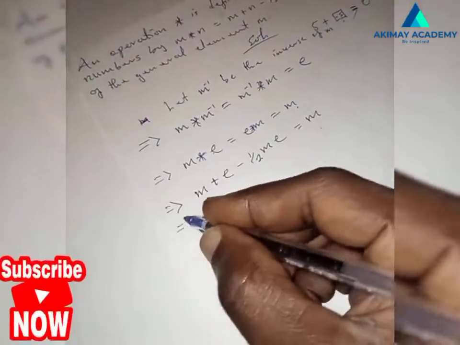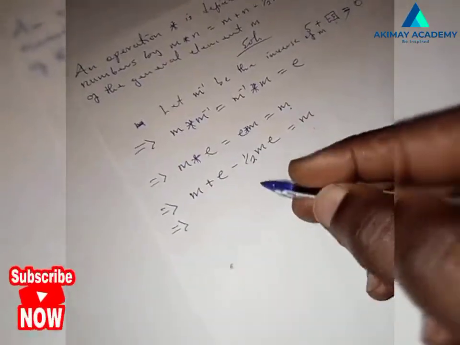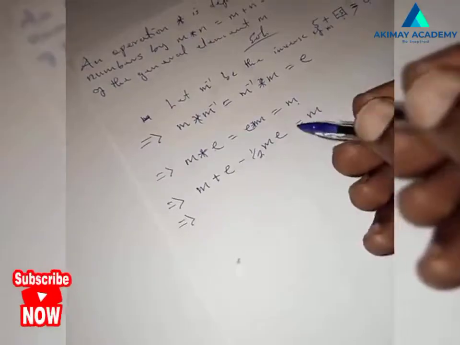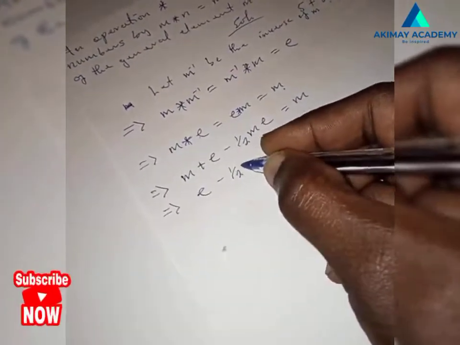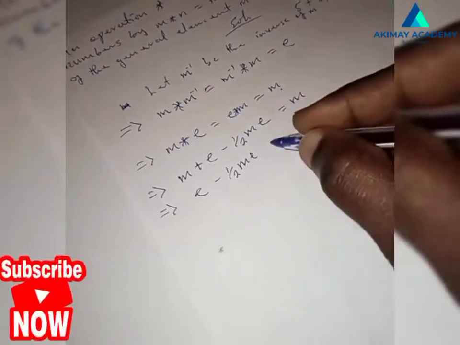So what do we do? We make E the subject. So we take this M to the other side, and we have E minus half ME equals M minus M.